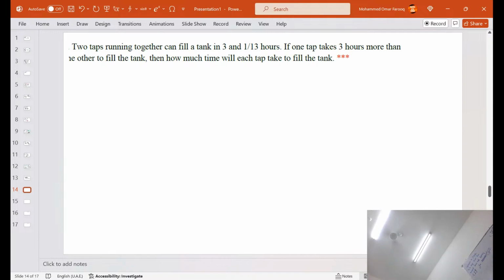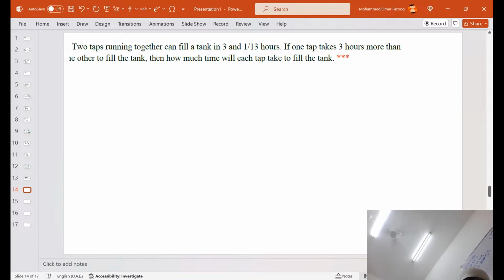So together in 1 hour they can fill 13 by 40. So that implies 1 by x plus 1 by x plus 3 is equal to 13 by 40.